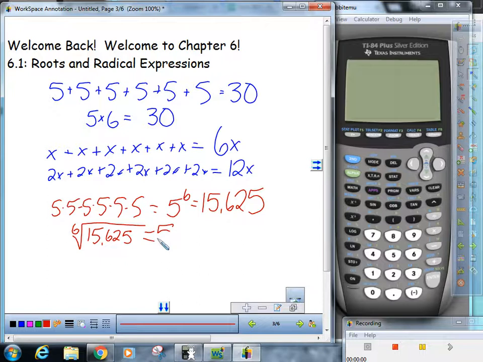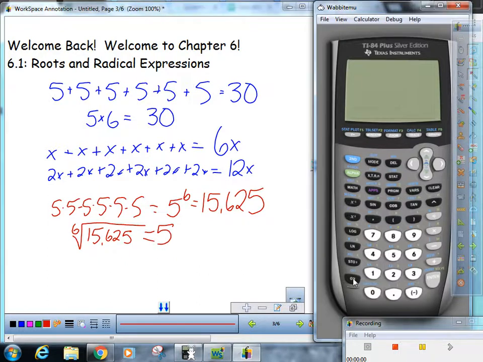So, there are 2 ways to do it. I want you to know that another way to write the 6th root of something is to write it to the 1/6 power.